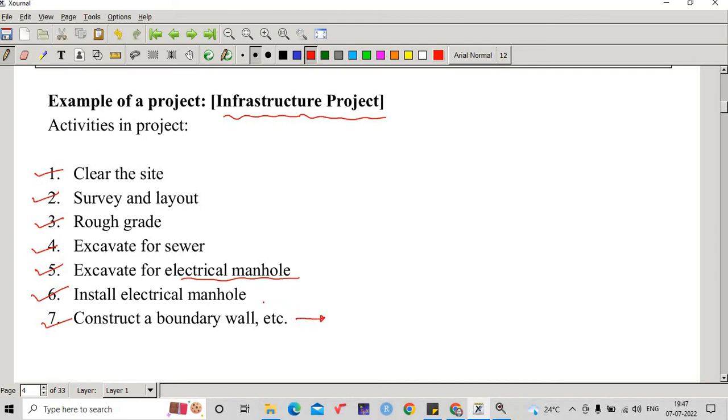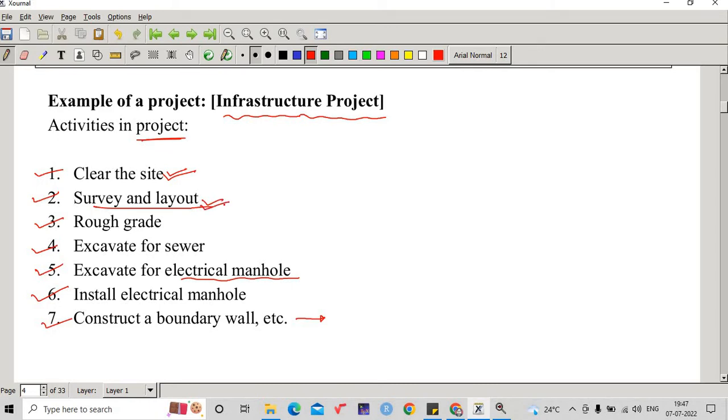But all of these activities we are deciding as the core activities of our project, and we are networking them. It means that before clearing the site, survey and layout cannot be possible. So this is the essential activity in that project to carry out the next activity.